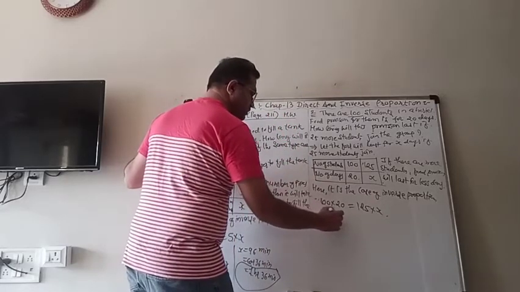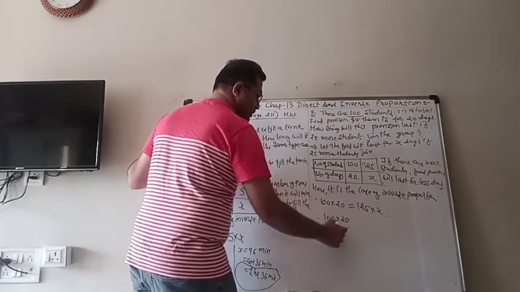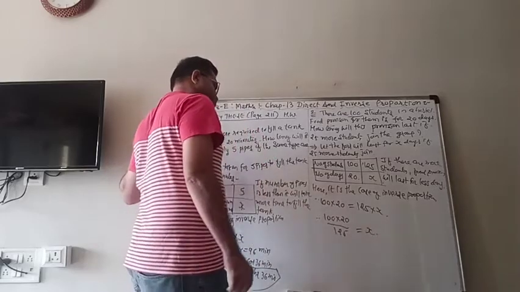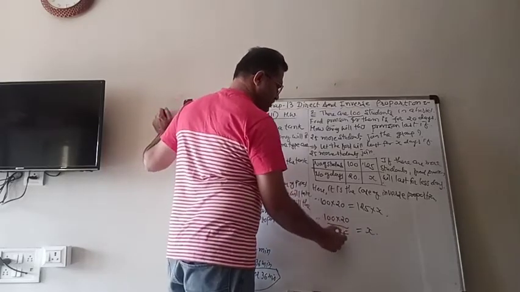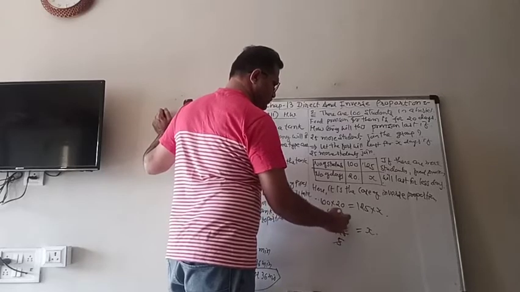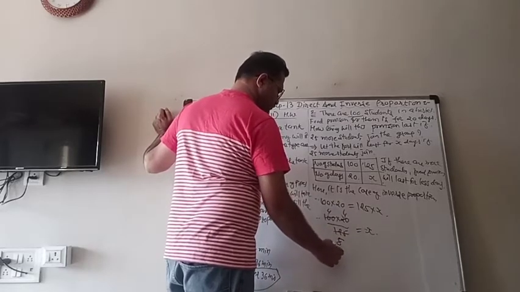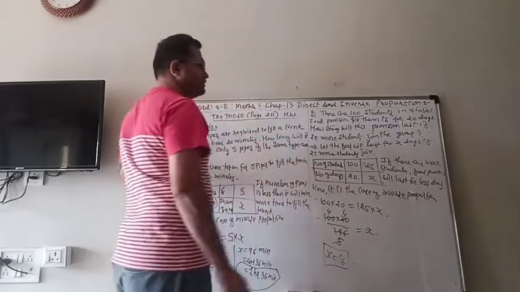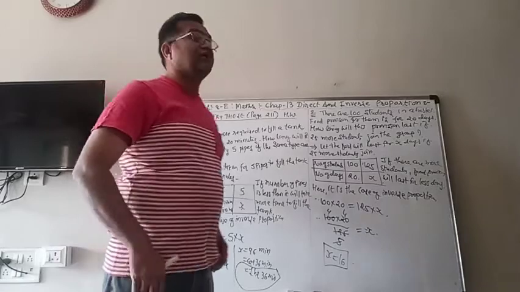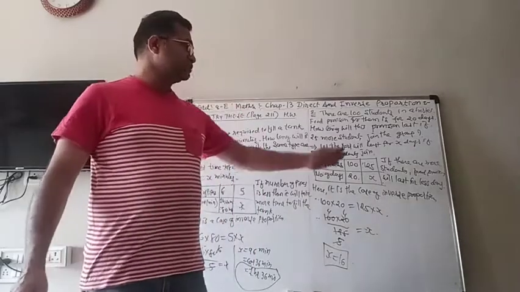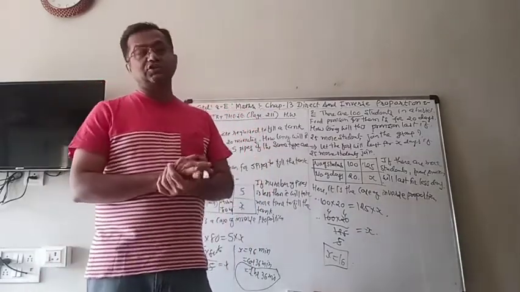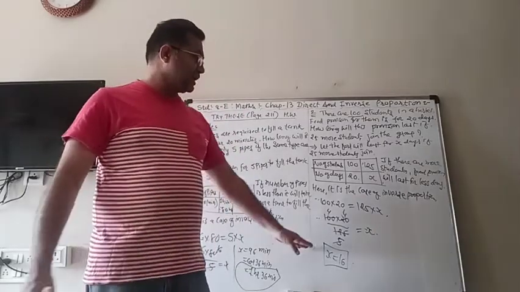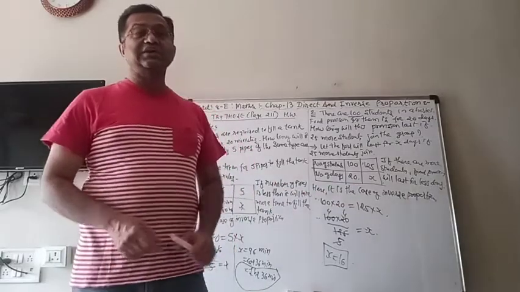So 100 multiplied by 20 divided by 125 equals x. 25 5s are 125, and 5 4s are 20. So x is equal to 16. It means that the food provision will last only for 16 days because 25 students more joined the group. So it will last for fewer days. So it will last only for 16 days.